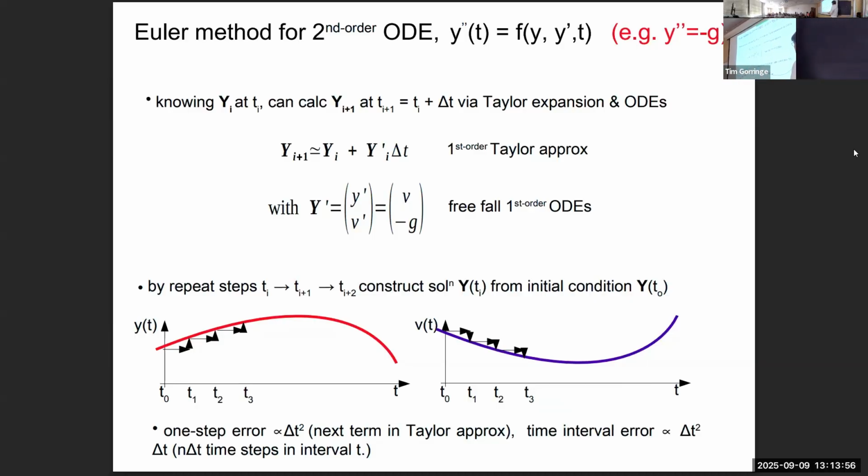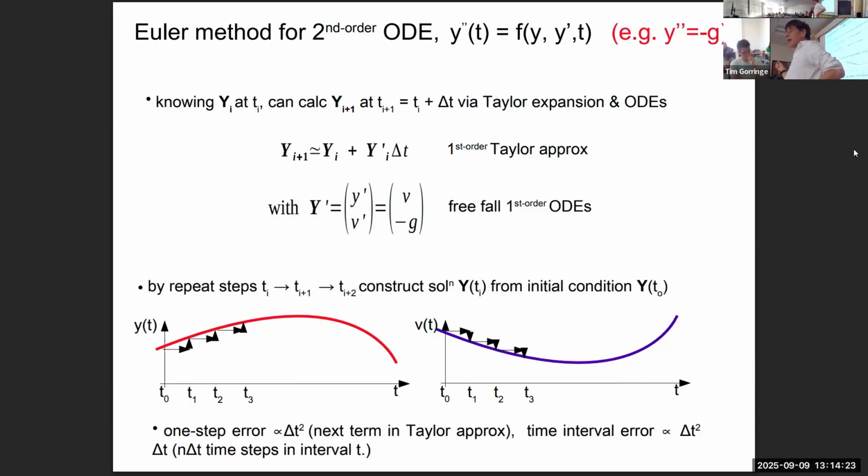If we use this approach, the way that you would solve a second order differential equation, so at top in black, y double prime equals some function of y, y prime, and time. That's my general expression for a second order differential equation. So the independent variable is time. The dependent variable is y.